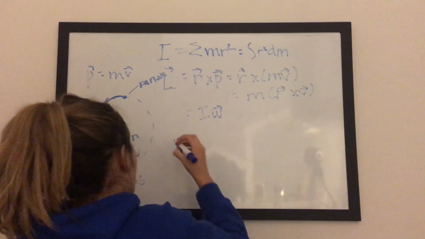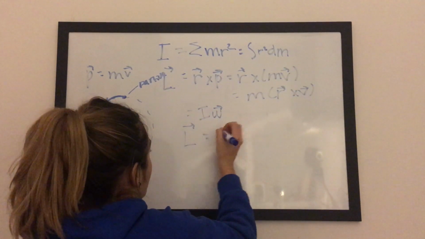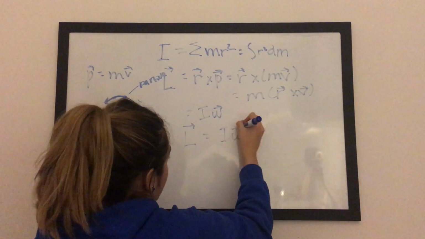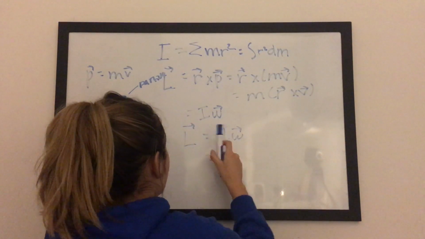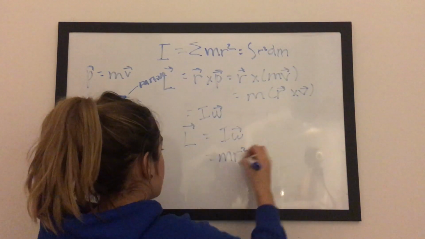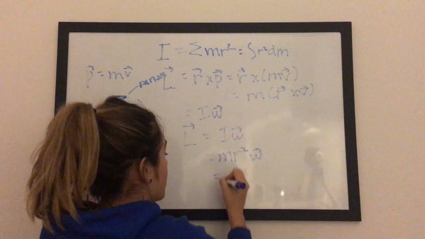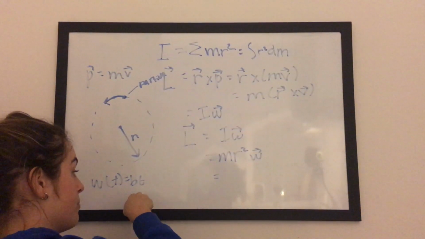So we know that, I'm going to go ahead and rewrite this. Angular momentum is equal to inertia times angular velocity. We know that inertia is going to be mr squared and times angular velocity. We know from the statement that angular velocity is equal to bt.